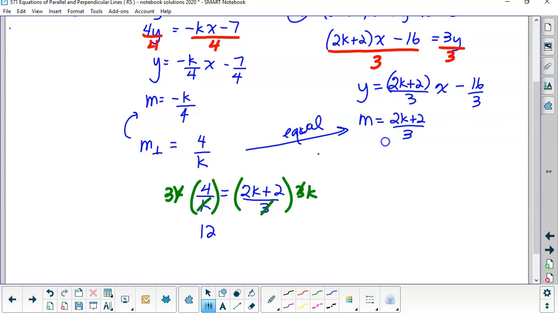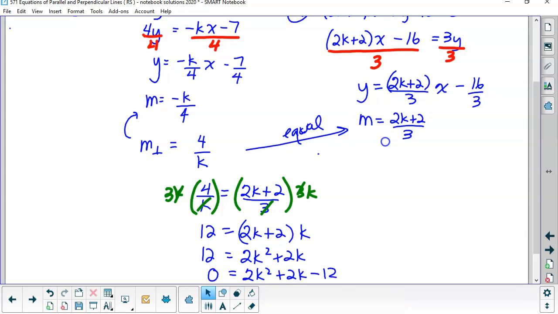So we get 12 equals 2k plus 2 times k. Expand it out. It's a quadratic. So remember, for a quadratic, we get everything on one side.